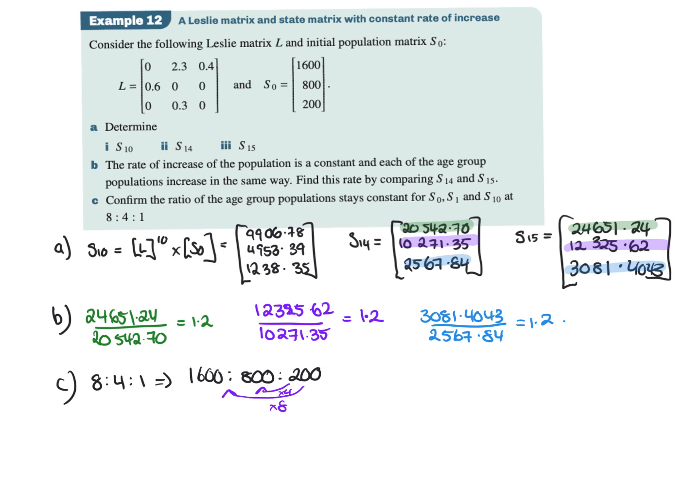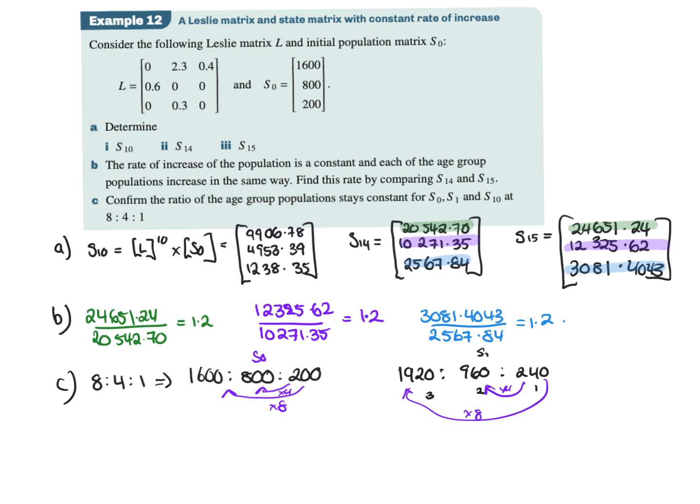So this was S0. If I do the next one, what else did they say to compare? Maybe S1, which was 1920, 960, and 240. So this was group 1, group 2, group 3. This was S1. You can see it's the same ratio. This one is times 4, and that one is times 8 of that.